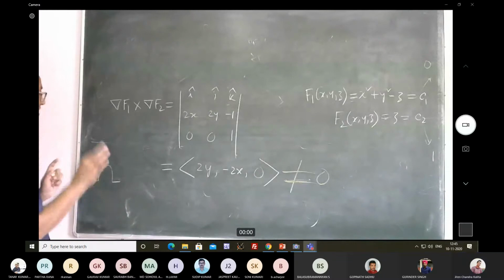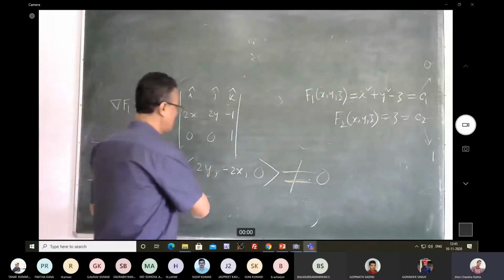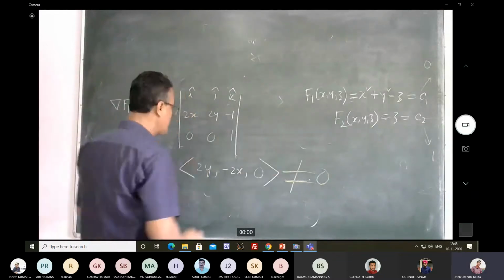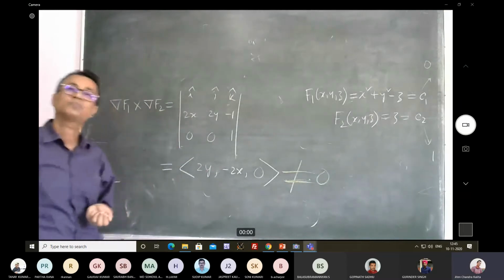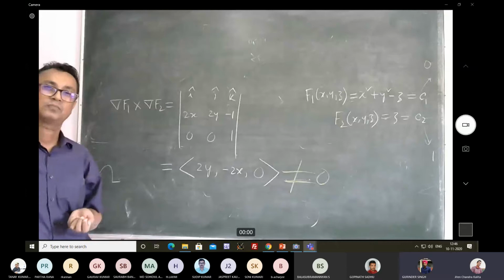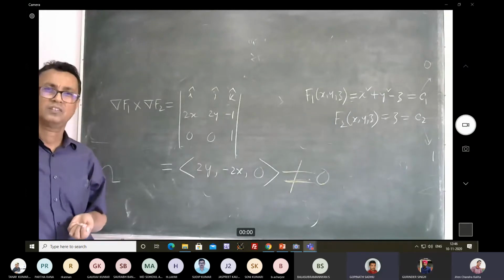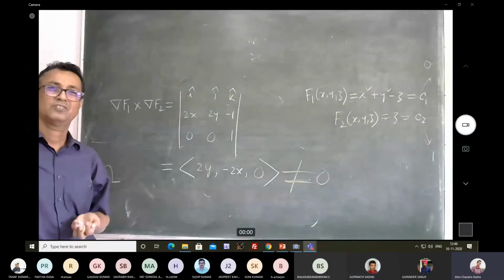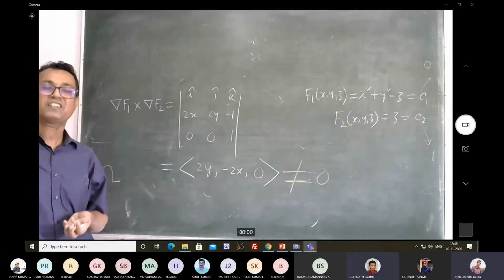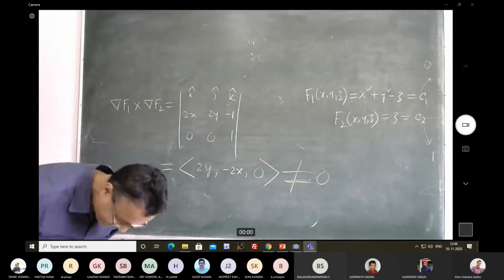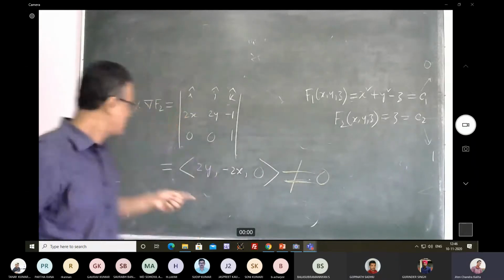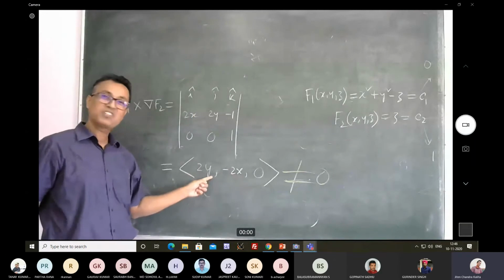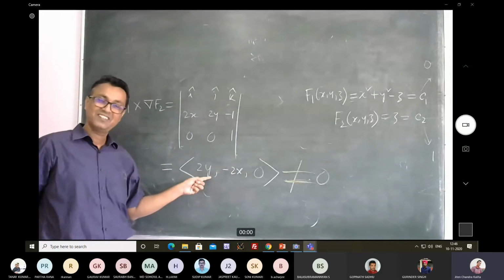Let me tell you, what is going to make this vector 0? The origin. Is it only the origin? The z axis also. Over the z axis, x and y are 0, isn't it?